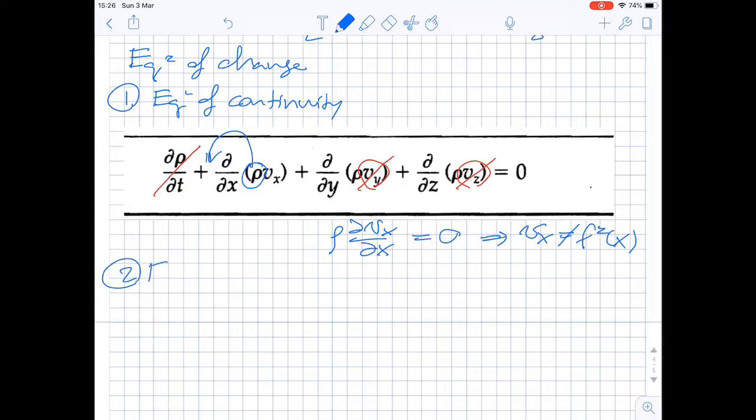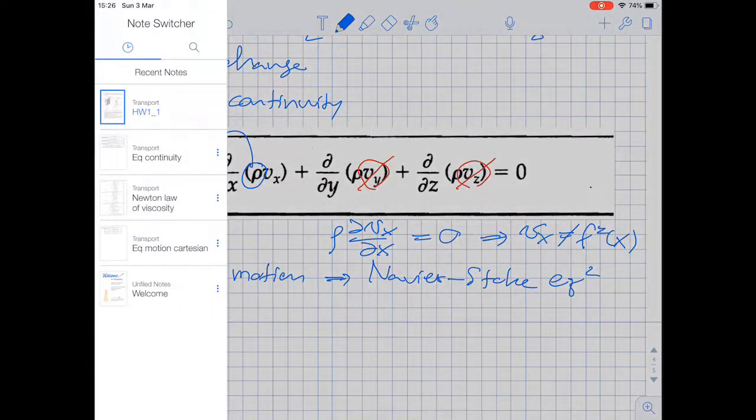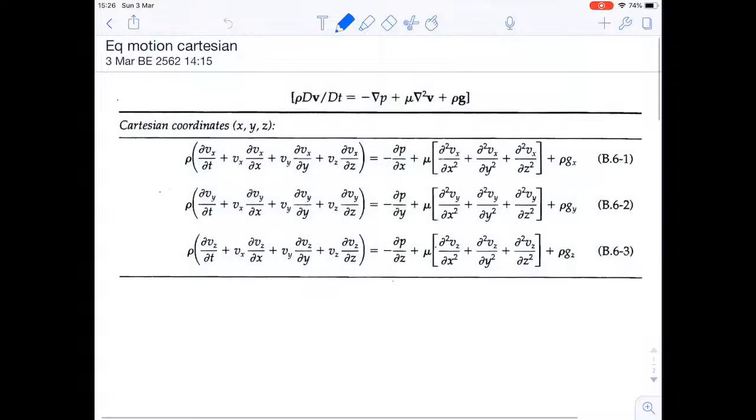The second equation is supposed to be the equation of motion. But if we take the assumption of incompressible fluid and Newtonian fluid at the same time, you can use the Navier-Stokes equation. Let us call up the Navier-Stokes equation. This is the Navier-Stokes equation for Cartesian coordinate.